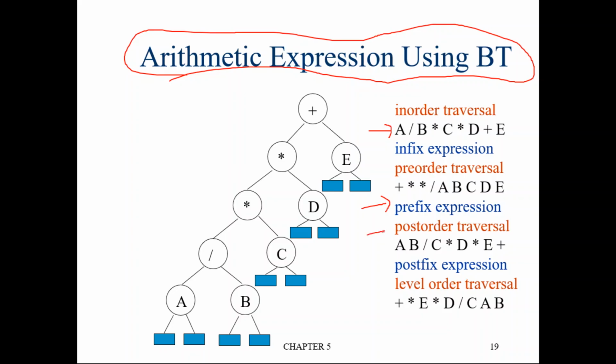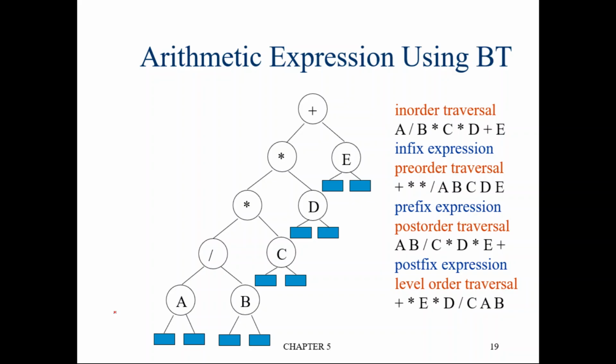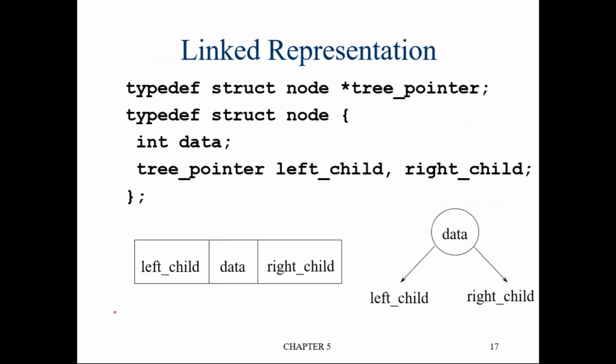If you traverse in post order, you will get the postfix of that expression. A tree need not always be an arithmetic expression, it may be something else also. So you can take any tree and try manually with pen and paper, traversing in order, pre-order, post-order, so that you'll get familiar with these things, right?